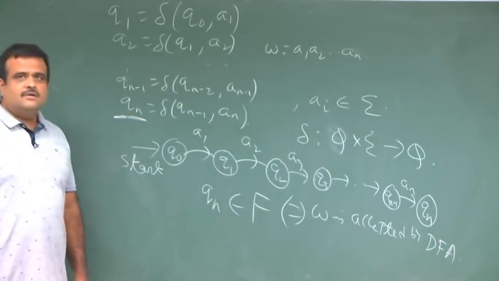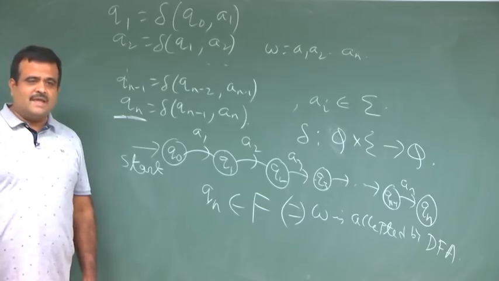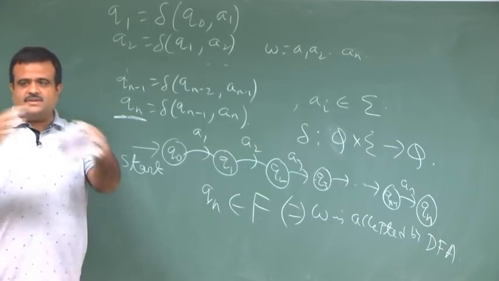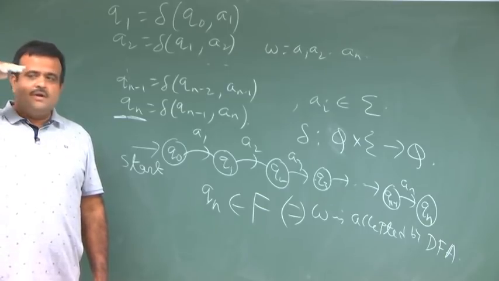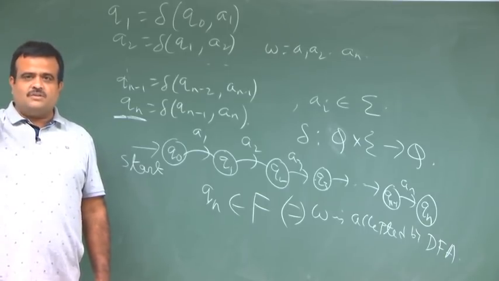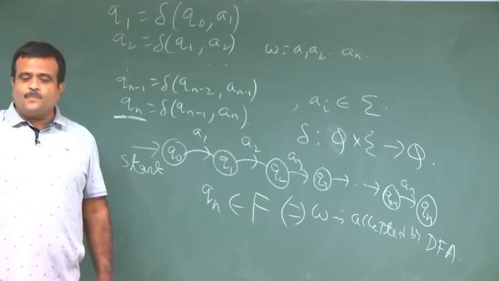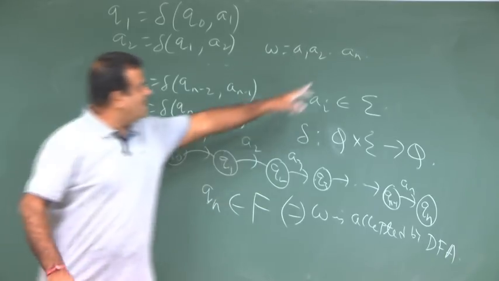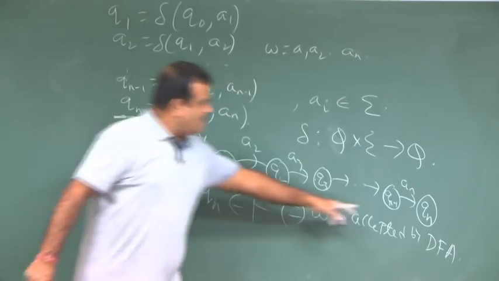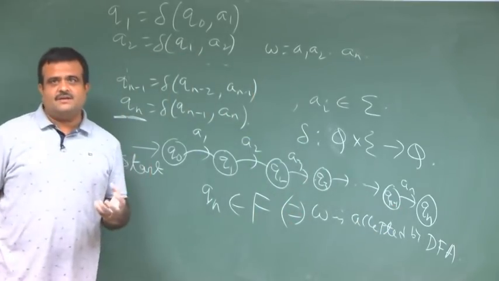Okay. So, this is the meaning of acceptance by a DFA. Given a string, we start with the starting state and then change the state based on the input alphabet, and after the end of the string, where the last symbol is An, we reach some state that is qn.